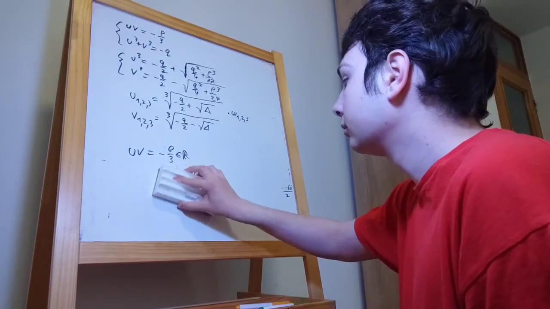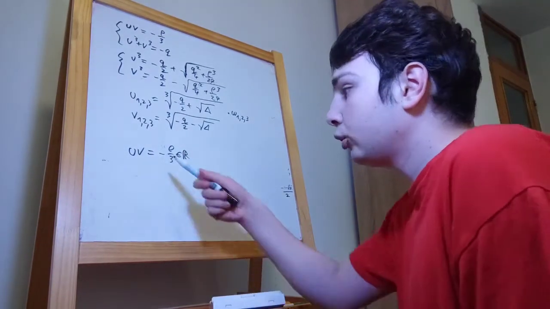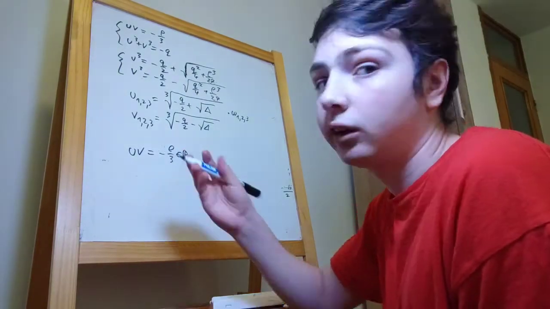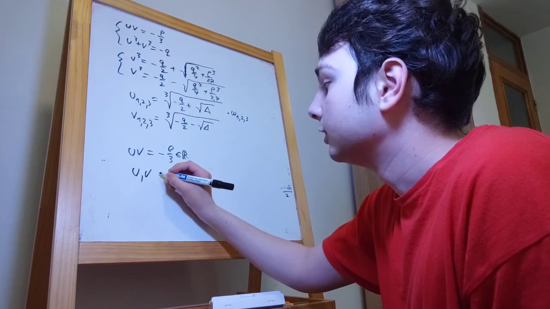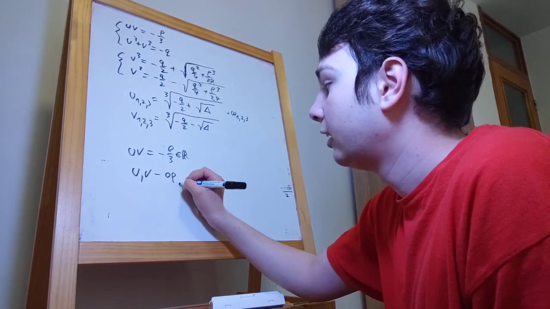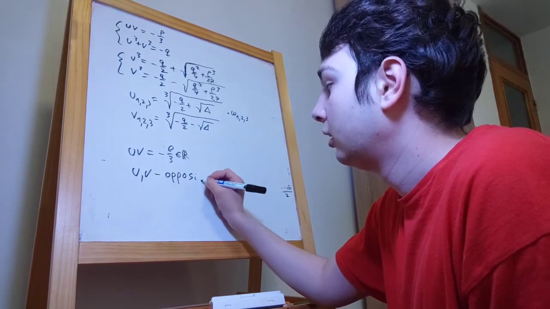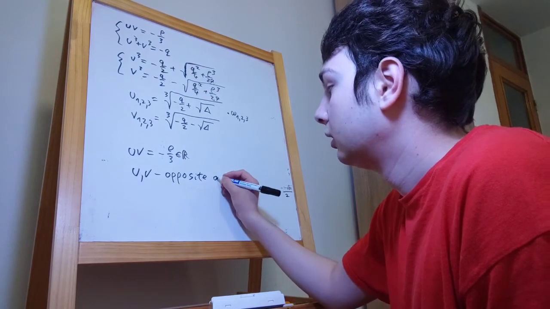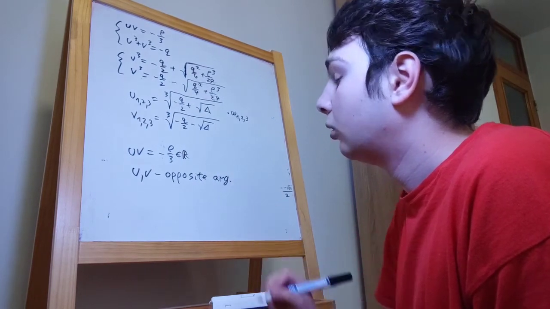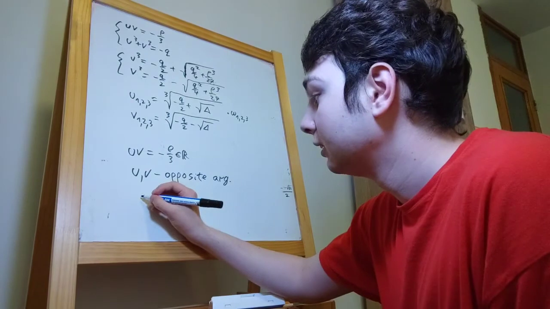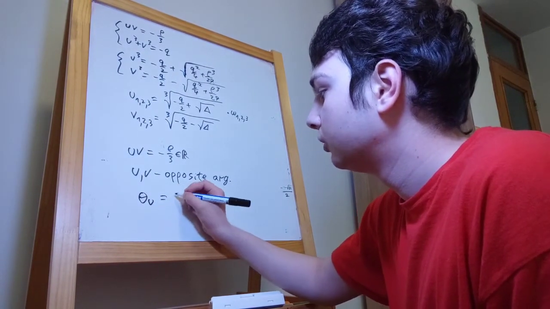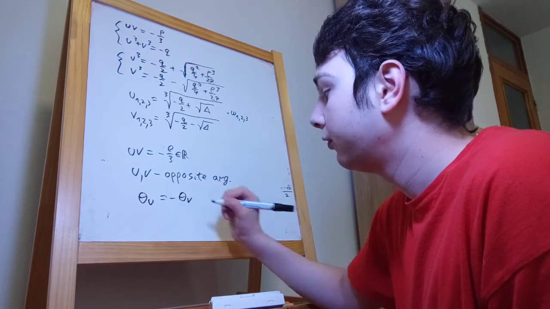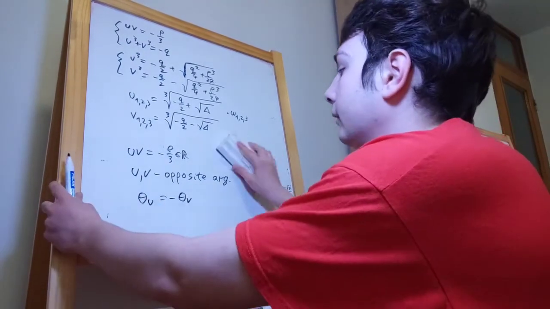That must mean the arguments of the complex numbers u and v are opposite. So these guys have opposite arguments. Or we can write this simply as theta of u is equal to minus theta of v. Alright.